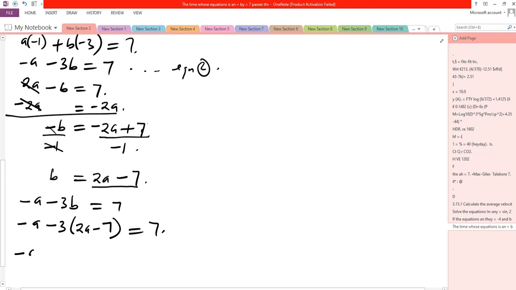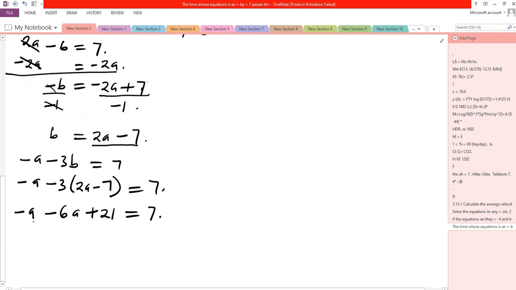So you have minus a, then minus 3 times 2a will give minus 6a. Minus 3 times minus 7 will give plus 21, which is equal to 7. Now minus a minus 6a will give you minus 7a plus 21, which is equal to 7.